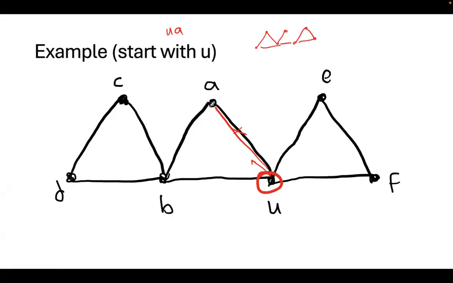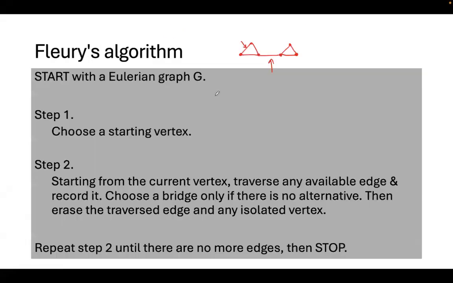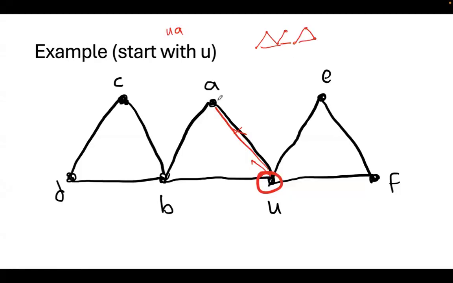So then now we're at A, and we can repeat this second step. Starting from the current vertex, traverse any available edge. If we're right here, there's only one available edge. So we take that. So we write down, now we've taken the edge from A to B. And now AB is deleted.